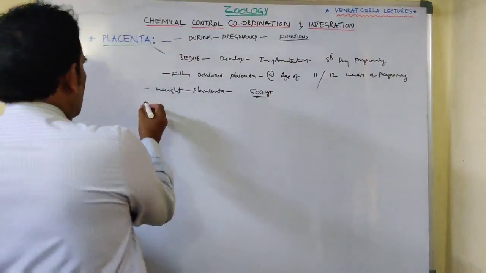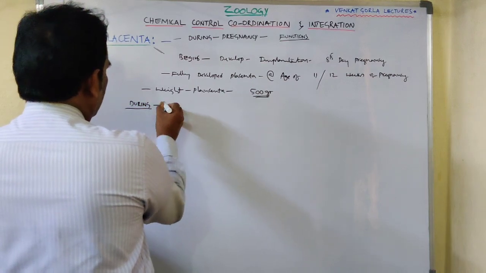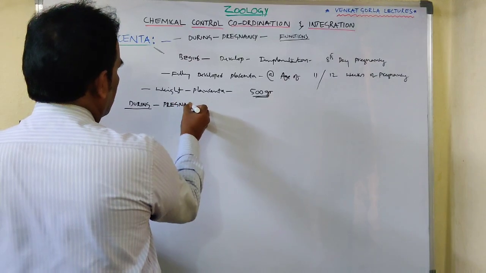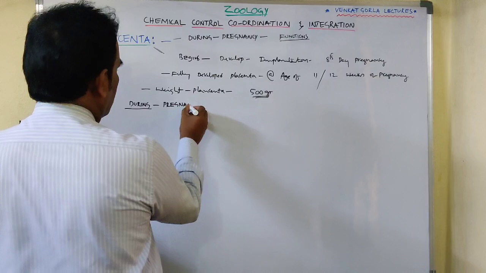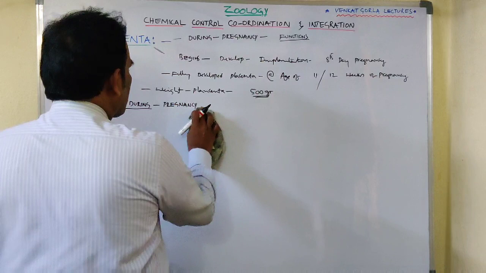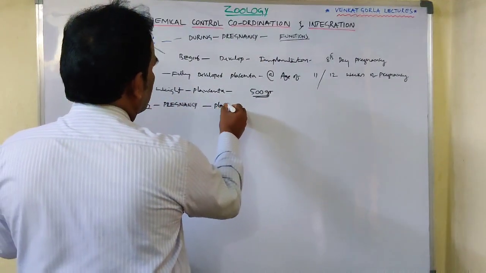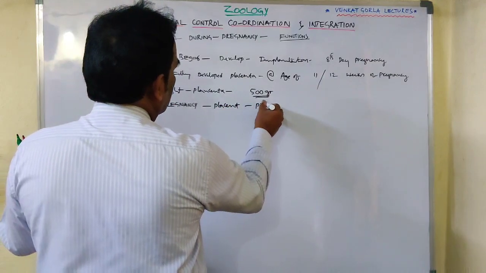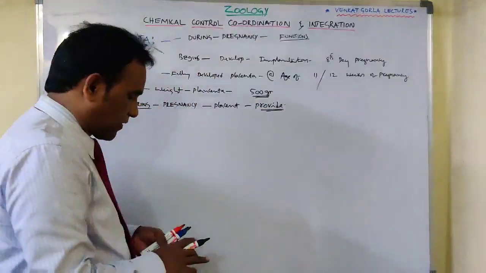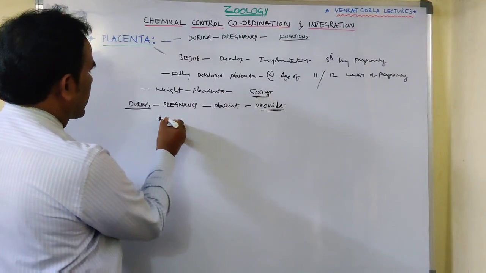So during pregnancy, the placenta provides certain functions. What does it provide? Number one is transport.